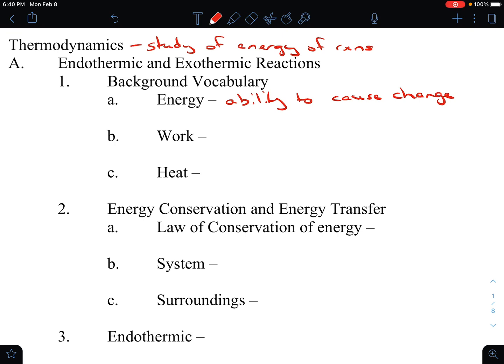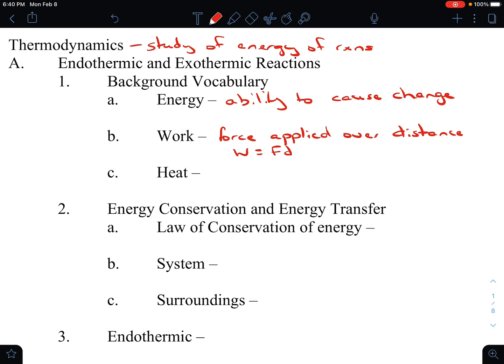So work then is a force applied over a distance. If you've taken physics, we've got work equals force times distance. So this has to be moving. For work to officially be done, there has to be movement.